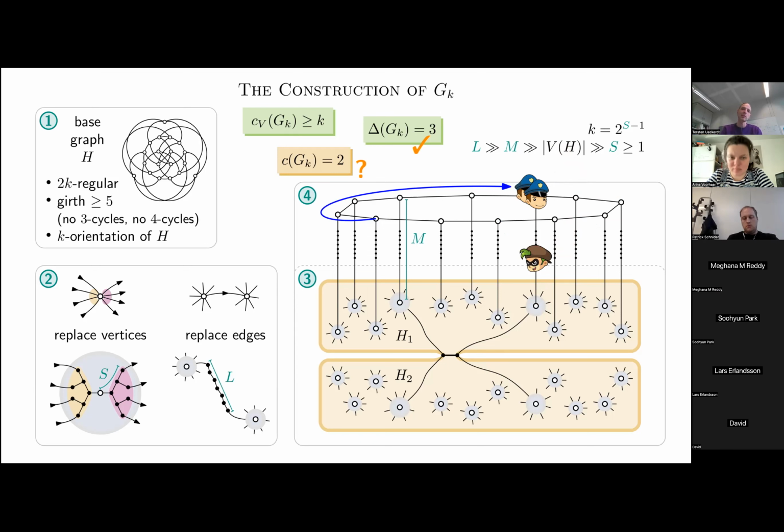Now I can bring the other cop to do the same thing. Still, I have plenty of time because M is so long. The robber is still not there yet. Now I let the robber go down. I go after him in order to prevent him from staying where he is. So I leave one cop up, and the other cop just goes towards the robber to force him to move. So what does this move look like?